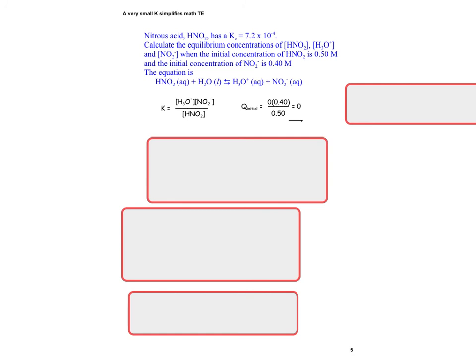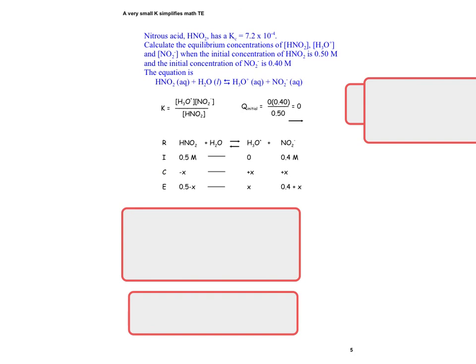The equilibrium expression, products over reactants, is right here. And if I look at my Q for the initial values, I have 0 times 0.4 over 0.5, so it's 0, so it has to go towards the right. So I set up my RICE table. I have 0.5 minus x, 0.4 plus x.